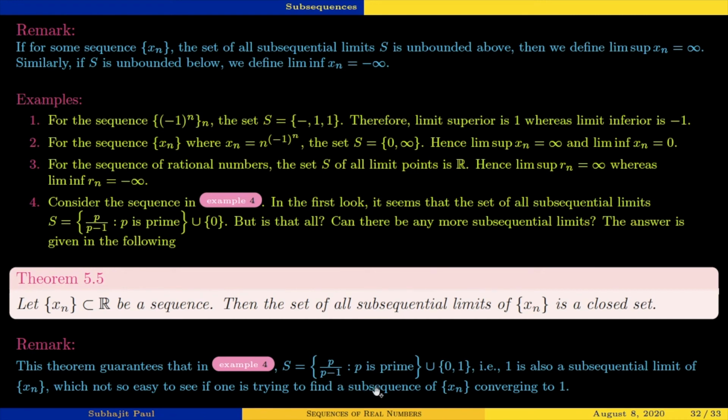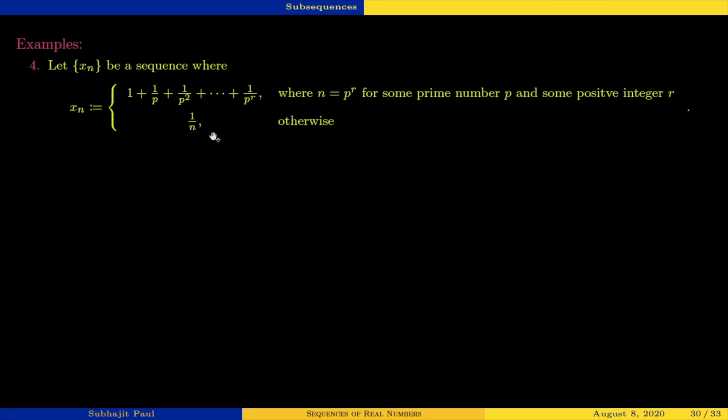Just like over here, if you forget about this 0, then 1 is the lim_inf. Okay, forget about 0. Just make the sequence tend to somewhere else, let's say 2. Consider this as 2 plus 1 by n.